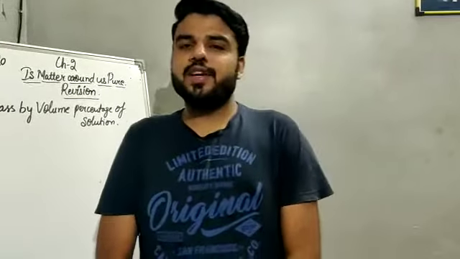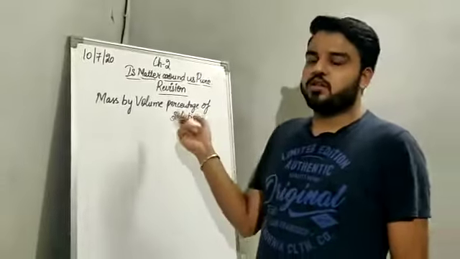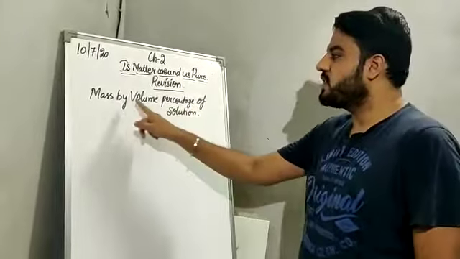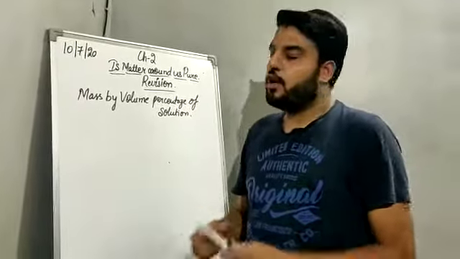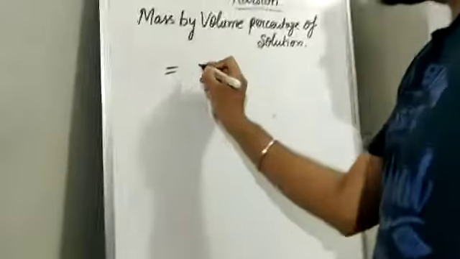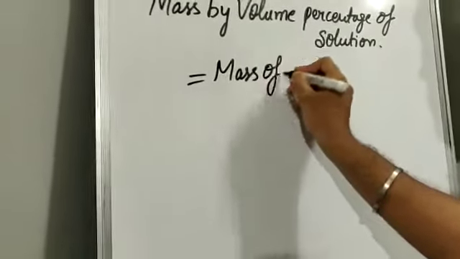Now we will discuss the other way to express the concentration of a solution, that is mass by volume percentage of solution. How do we calculate that? In this case, first of all, the mass of solute is taken.